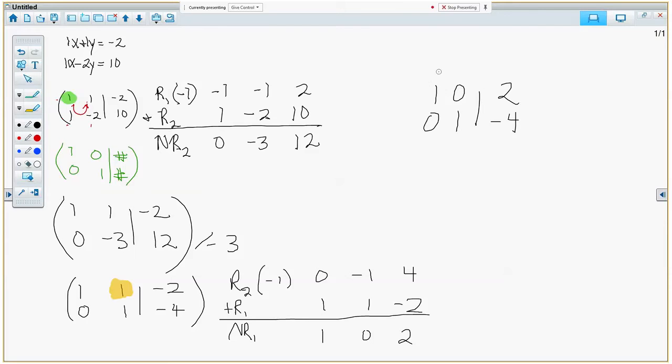Now it looks like to me that x is equal to 2 and y is equal to, just to refresh my memory, what did we get in the last problem? 2, -4. That's how you do a matrix.